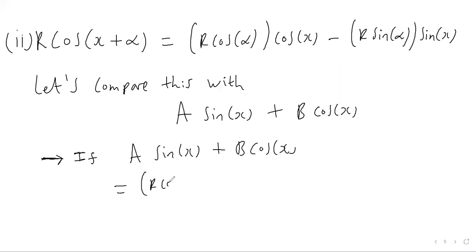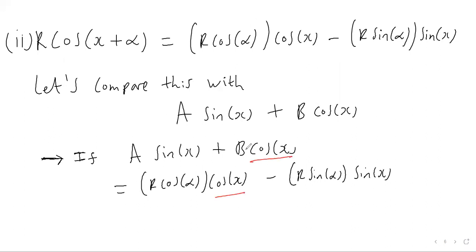So r cos alpha times cos x, and then minus r sine alpha times sine x. Then if we look at this cos x and this cos x, the coefficient of cos x is b. We've got to equate the coefficients.